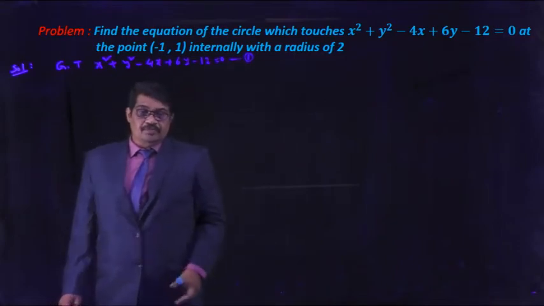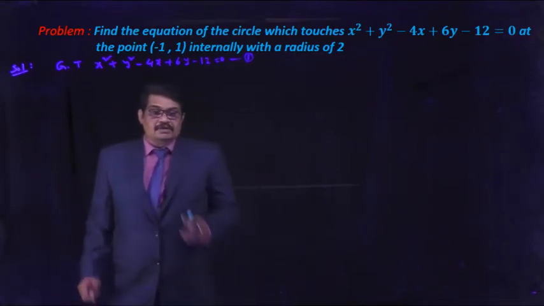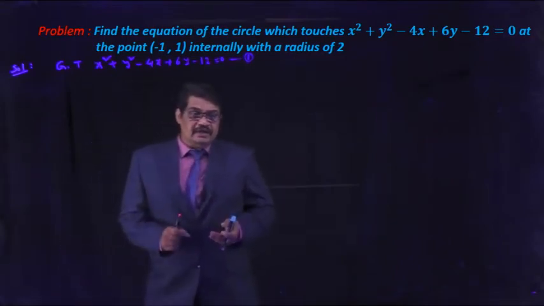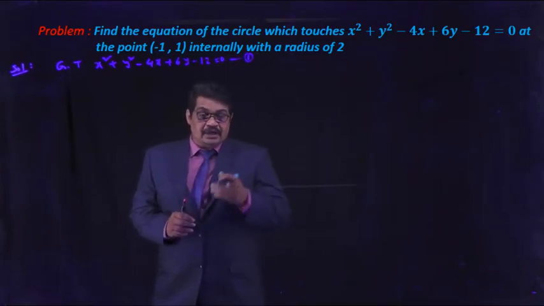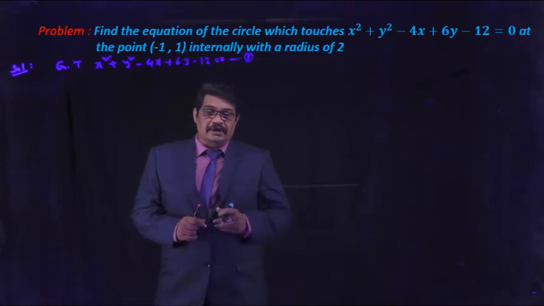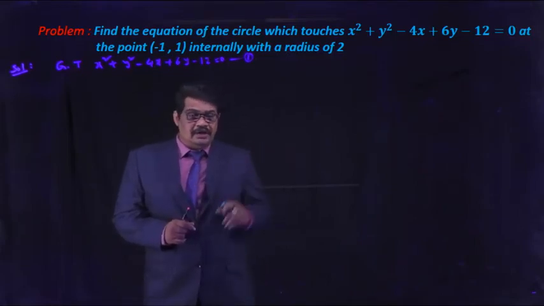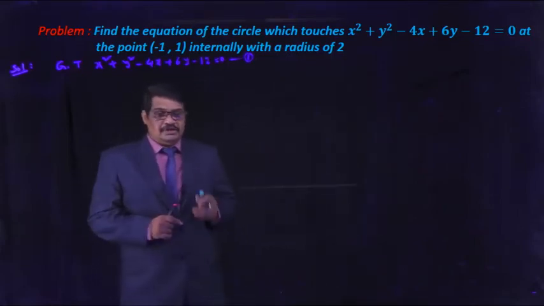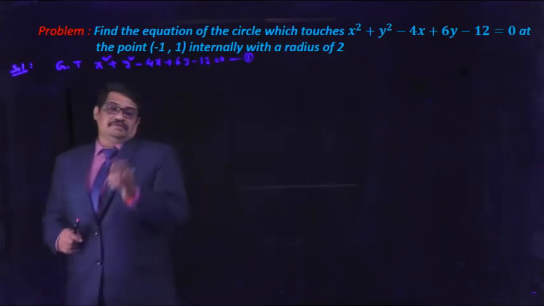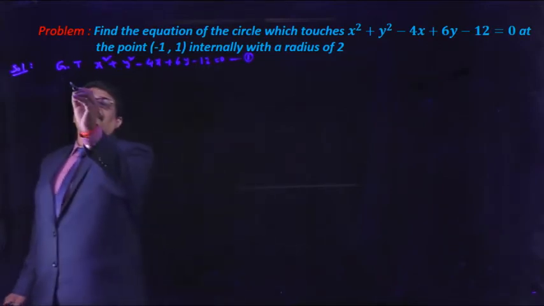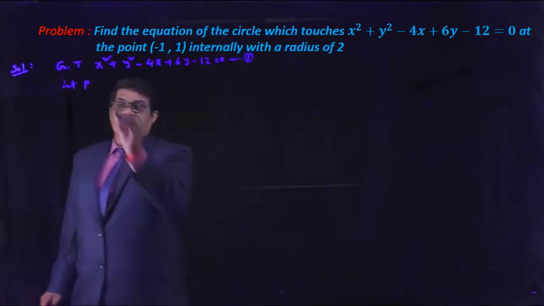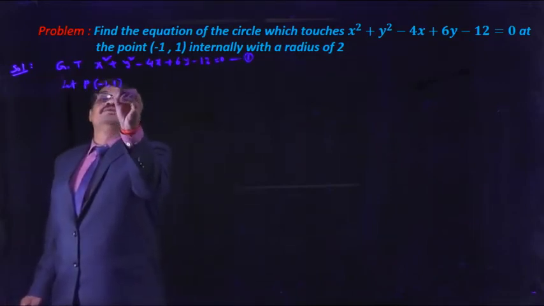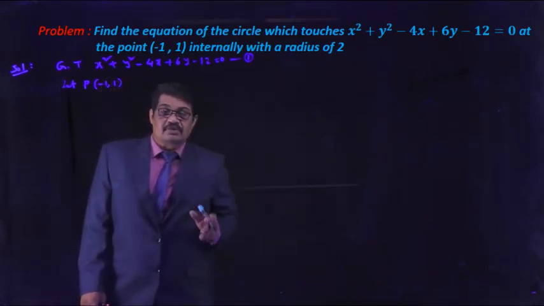This is the given circle, and the required circle touches the circle internally at the point minus 1 comma 1 and radius 2. Okay, that is our given data. The given point is P, minus 1 comma 1.